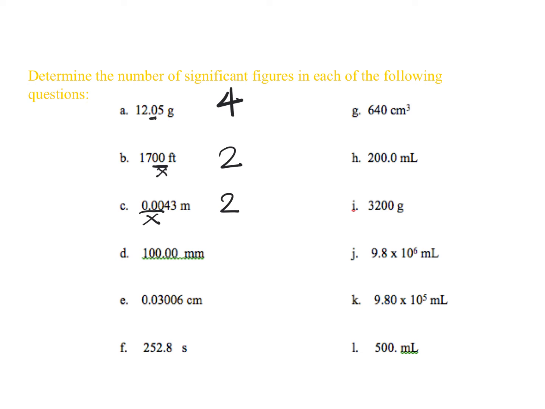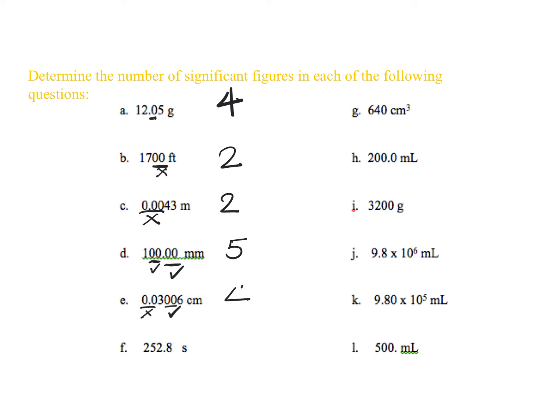Okay, this is 100.00, right? We did this example in class. So these two zeros are after the decimal point and on the right side of the non-zero numbers, so they are significant. And these zeros are in front of a decimal point. They are significant. So in total we have 5 here. Next one, the leading zeros don't count. The trapped zero, yes.